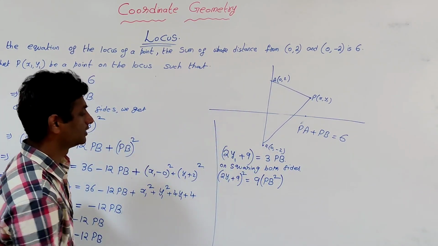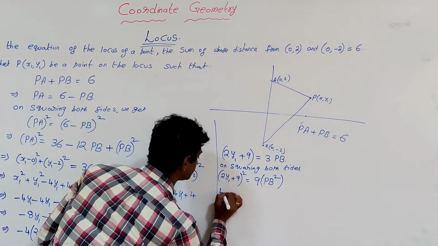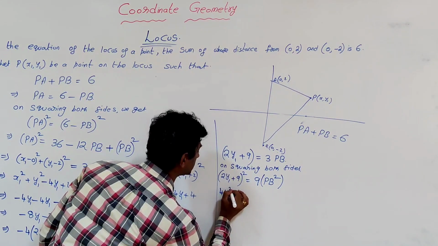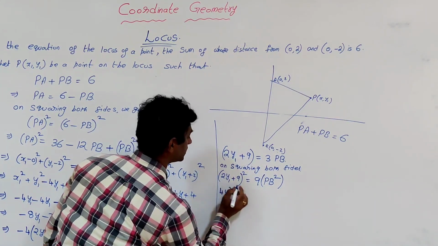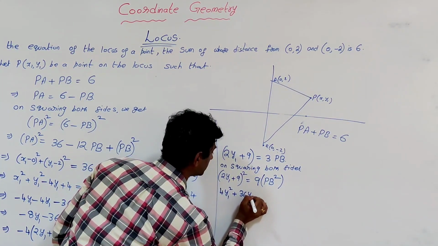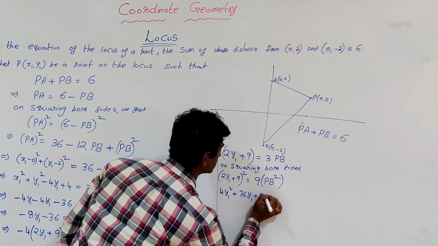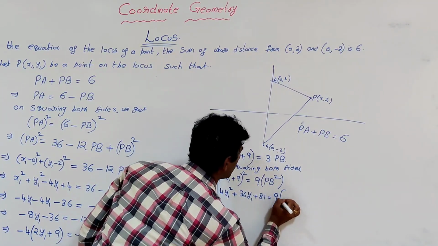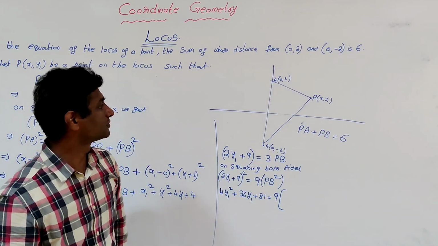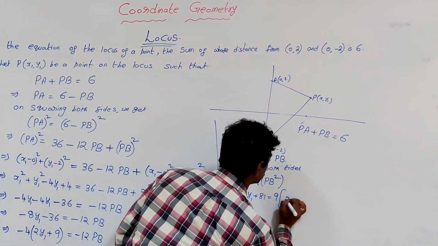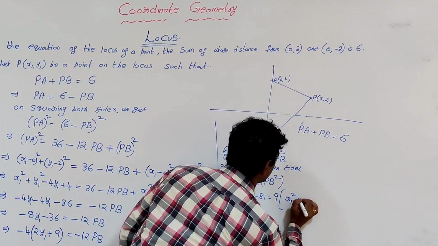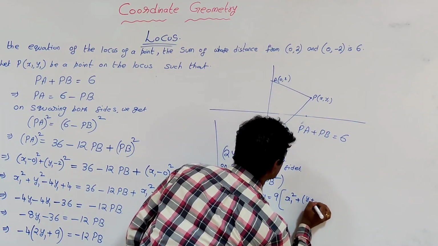Now expand it. (2y1 plus 9) whole square means 4y1 square plus 36y1 plus 81 is equal to 9 times PB square, that is x1 square plus (y1 plus 2) whole square.